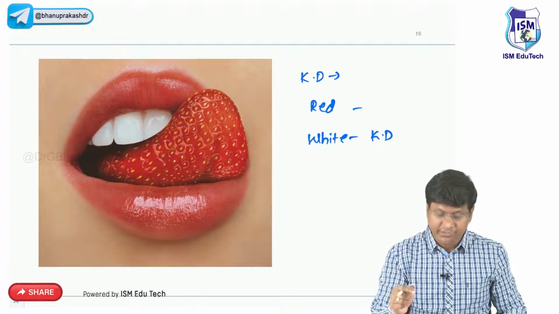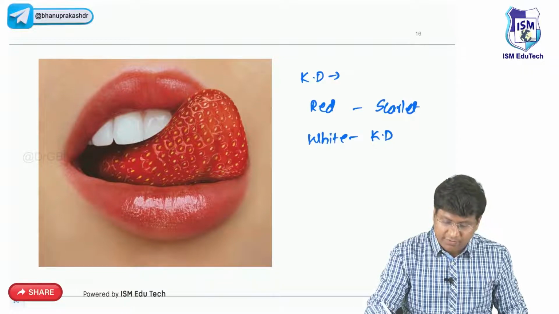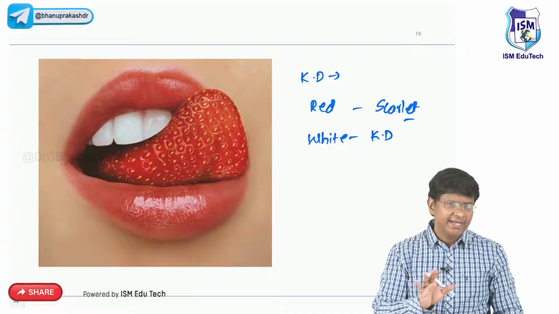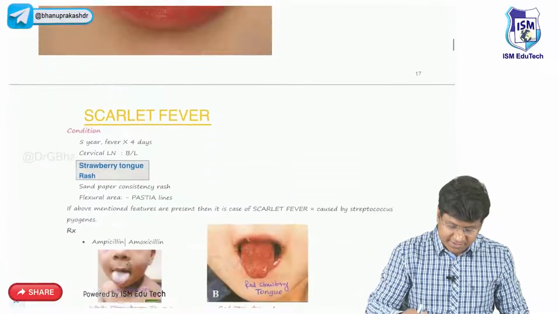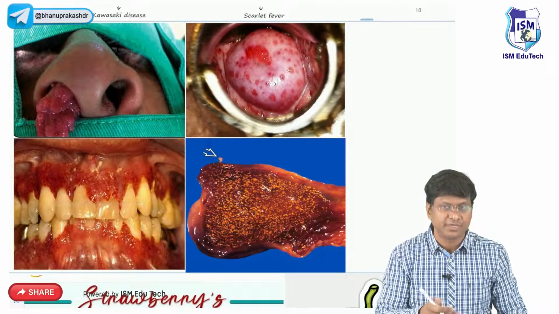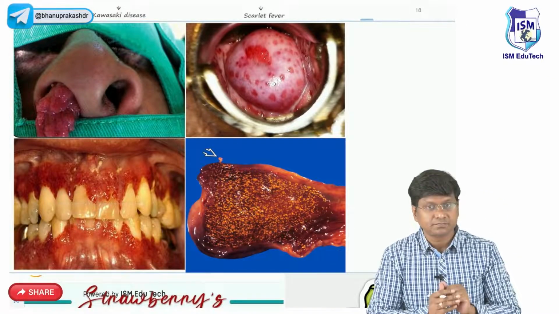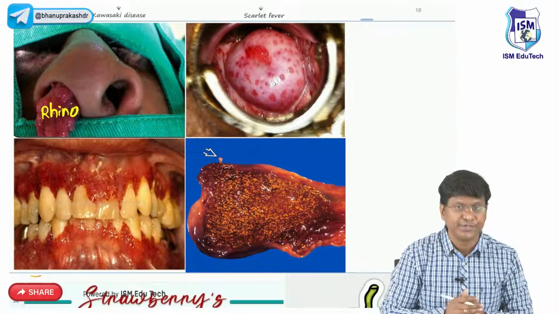Then in which condition will you have the red strawberry tongue? The red strawberry tongue is seen in scarlet fever. There are many strawberries, and this is one of the fancy questions asked in the recent past. These are all the strawberries in medicine, and we have a few more. Take the strawberry nose: it is present in rhinosporidiosis.